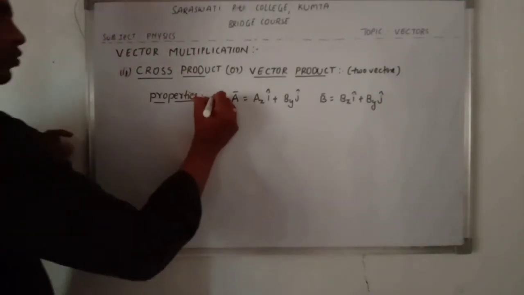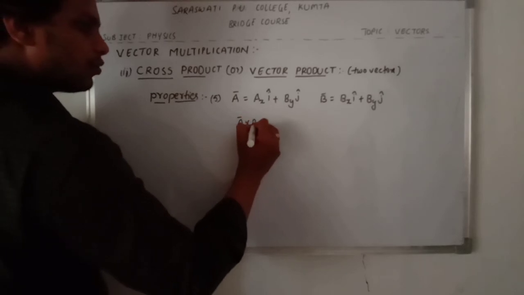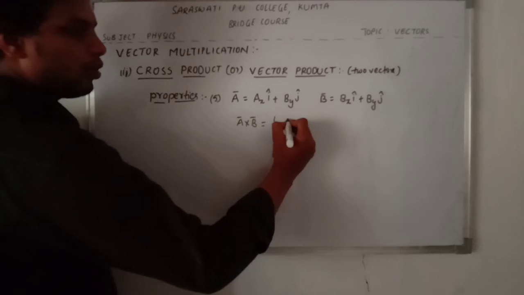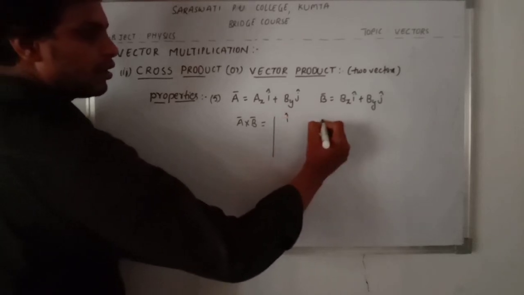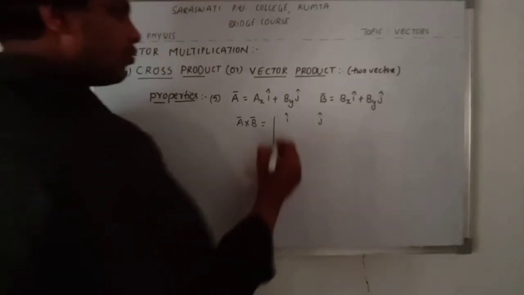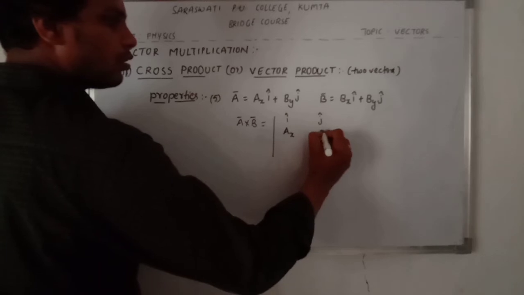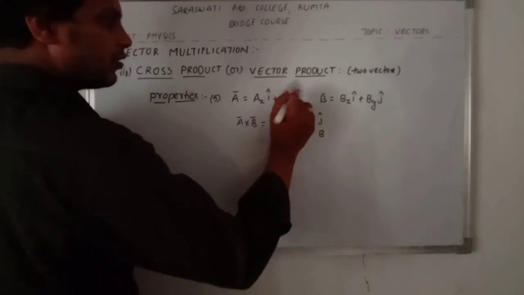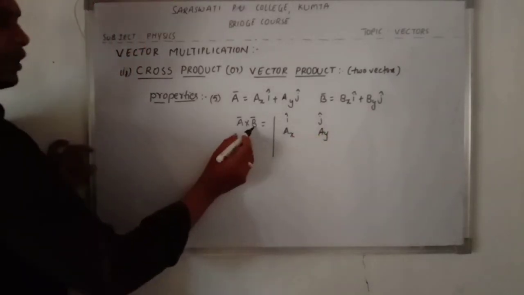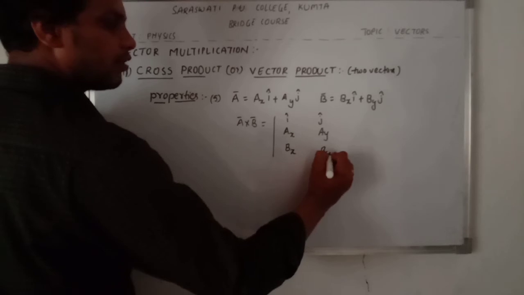Now according to the cross product, a bar cross b bar can be taken as, first you have to take i cap, next j cap. First term is ax and this is ay, and next for b bar this is bx and by.